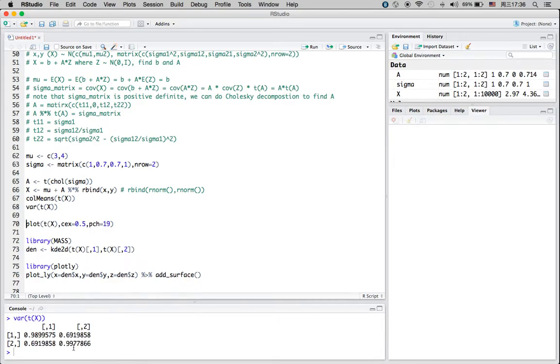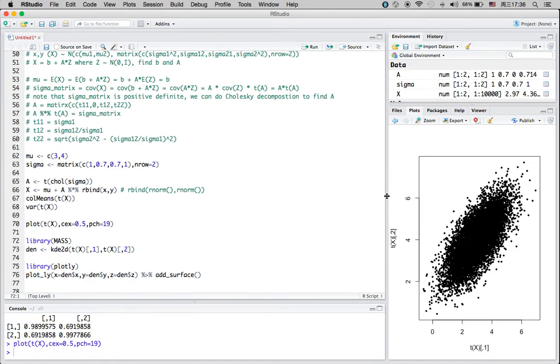We have 1, 1 on the diagonal, and then 0.7 on the off-diagonal. So you can see that with this construction, we indeed have a random sample under a normal distribution with this mu and sigma, and then we can plot.